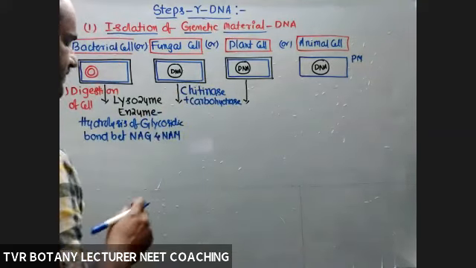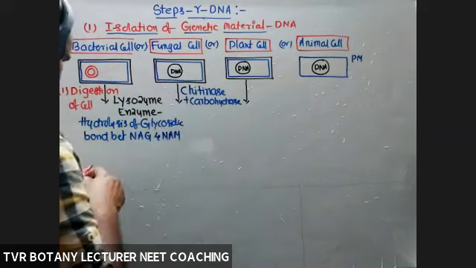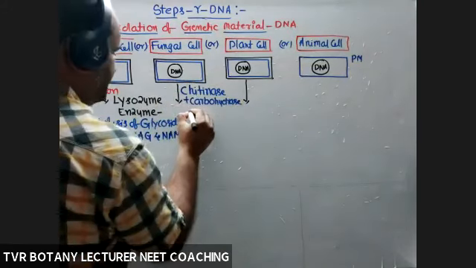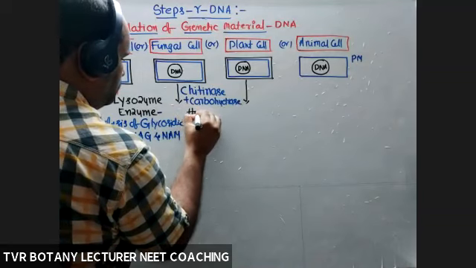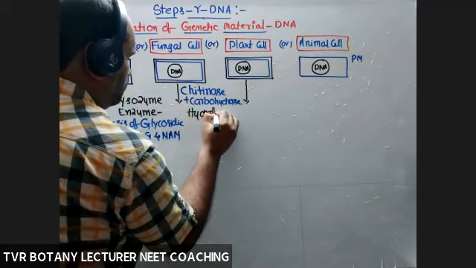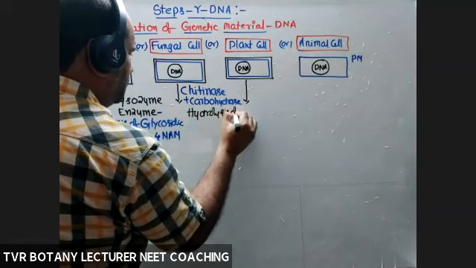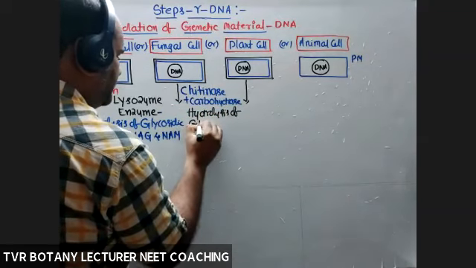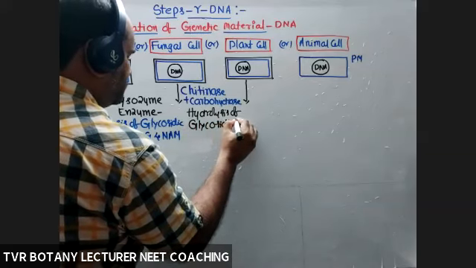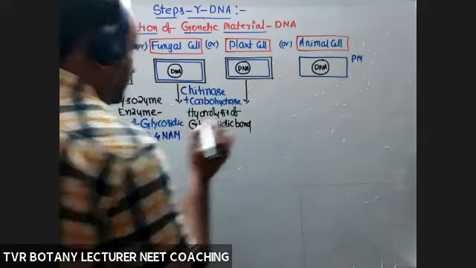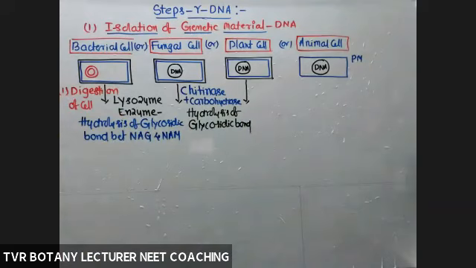Go for chitinase, that is enough. So what is the role of chitinase? The role of these enzymes is hydrolysis or removal of, here also, the glycosidic bond. So that is enzymatic lysis of the cell wall.